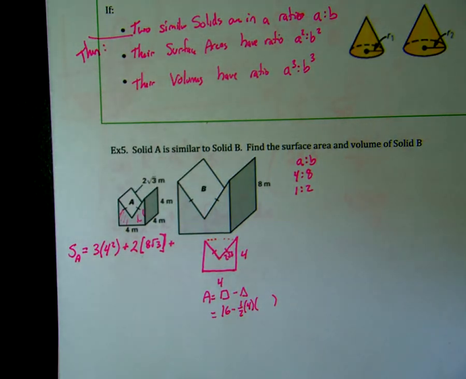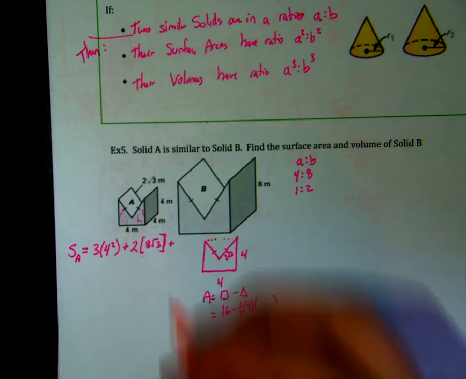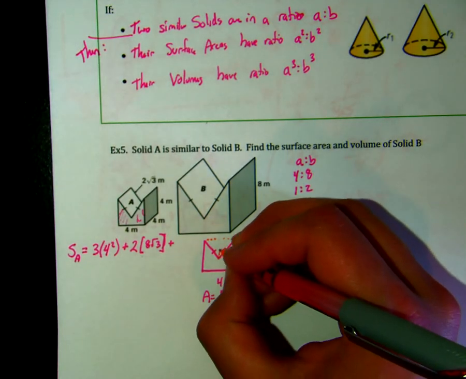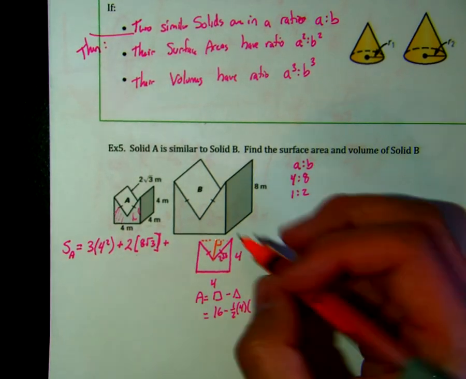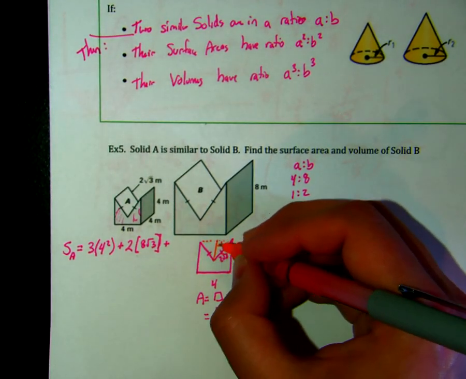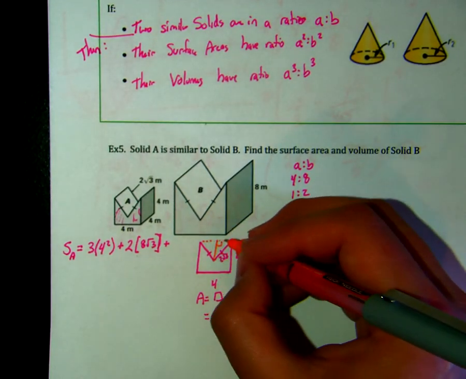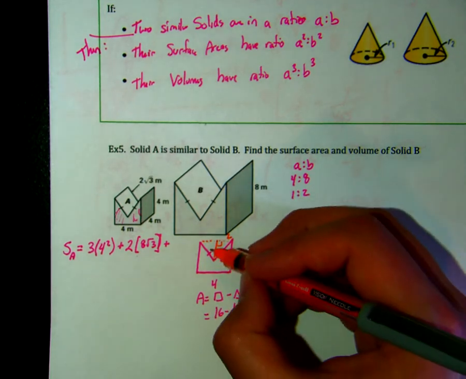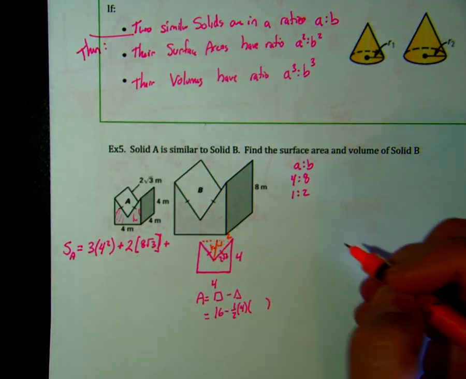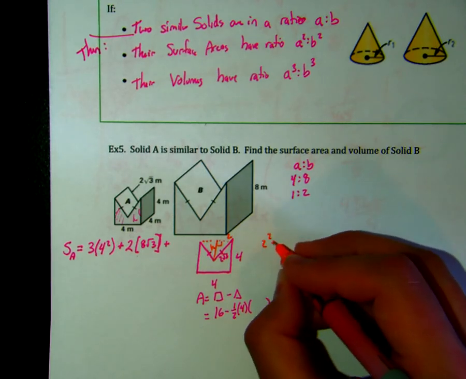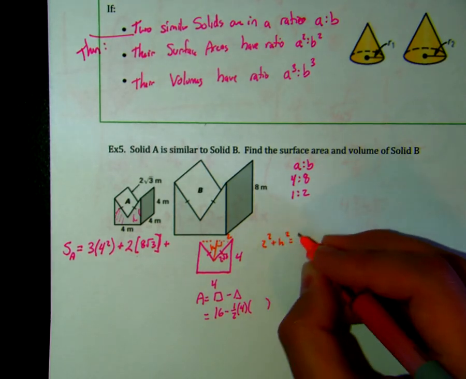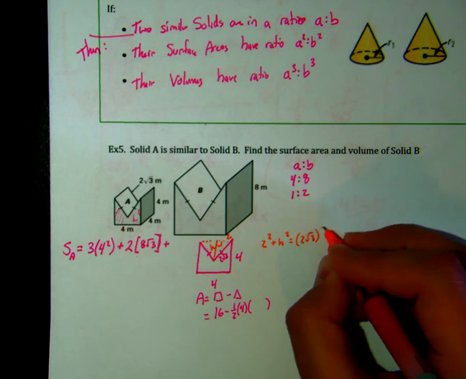The height we don't know, so I can try to find it by drawing it in. It's an isosceles triangle, which means that the altitude is also a median. So this little piece over here is 2. So this height, h, I should be able to get from the Pythagorean theorem. So I have 2 squared plus h squared equals 2 root 3 squared.